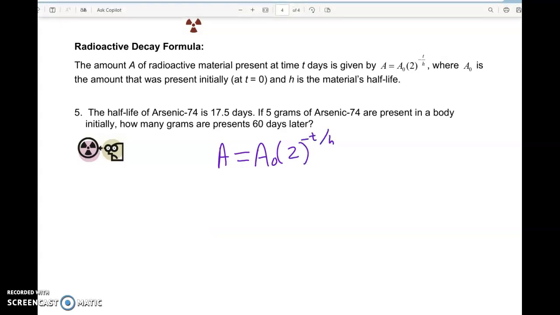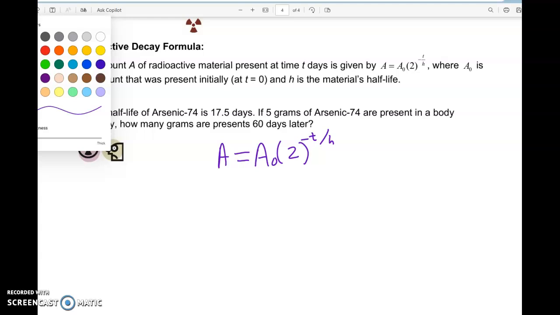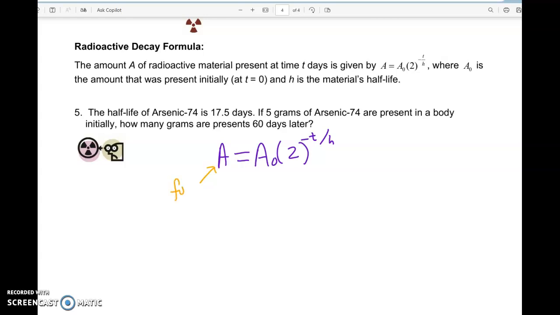And the pieces of this formula, let's talk about what all these different pieces mean. This right here will be the future amount. A sub 0, when you typically have A or any letter with A sub 0, what it means is the initial amount.